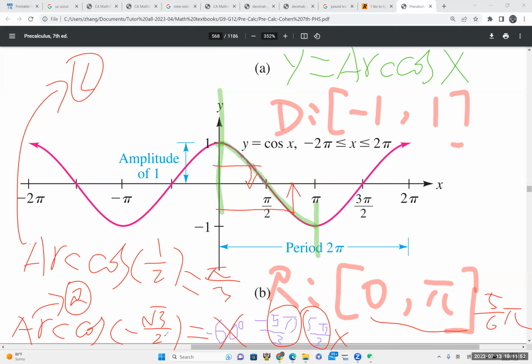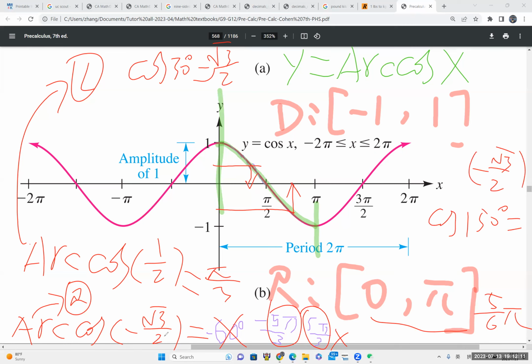That means that it's 150 degree, right? The reason is cosine 30 degree equal to this. Then cosine of this equal to negative of this. Anyway, the answer is this.